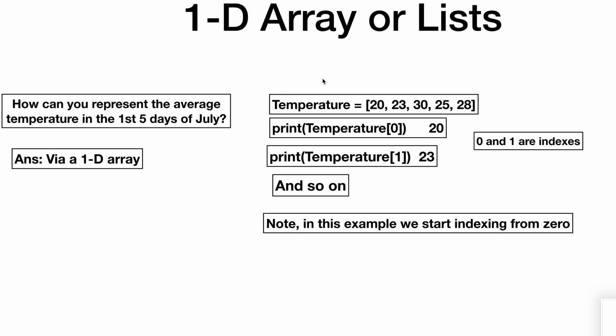But there is nothing in this representation which tells us which day in July these temperatures refer to. And in fact, there are other data structures which would include this information. But nevertheless, lists or 1D arrays are used in this manner, and they can be quite helpful.